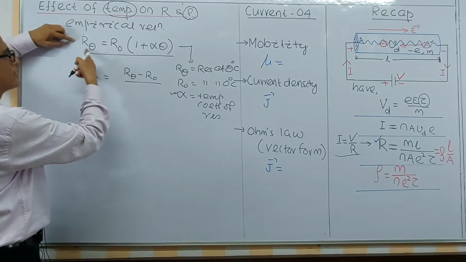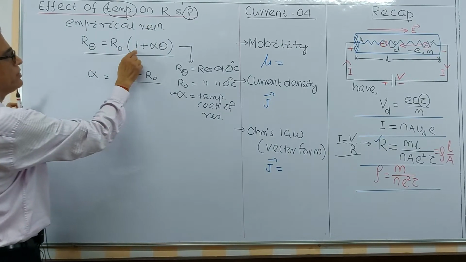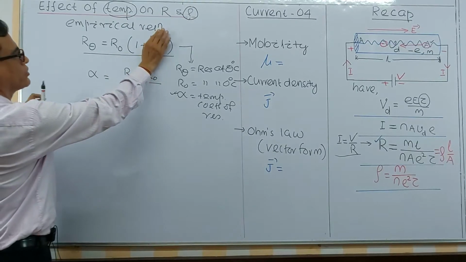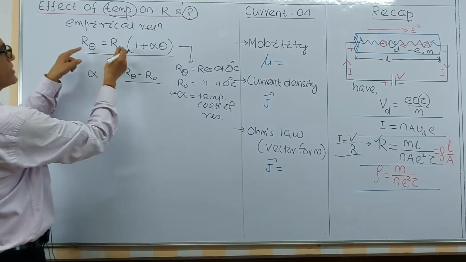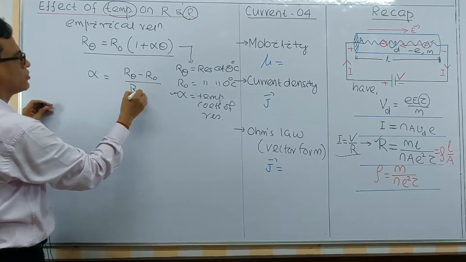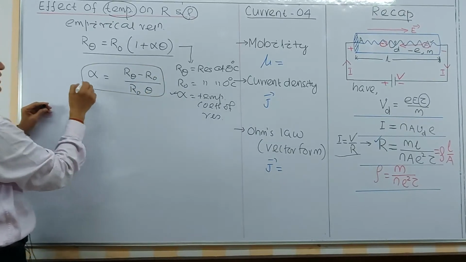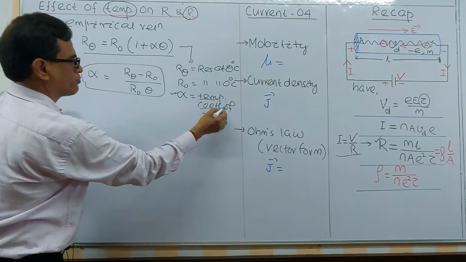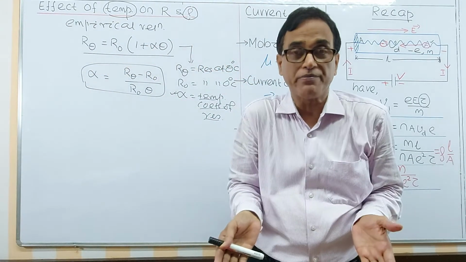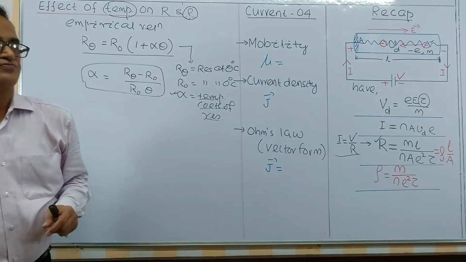you can see alpha theta, R0 is multiplied, so you can take R theta minus R0 divided by R0 theta. I am writing it directly, you can solve it. This alpha is called the temperature coefficient of resistance, and it is determined by experiment for certain materials, and differs for different materials.